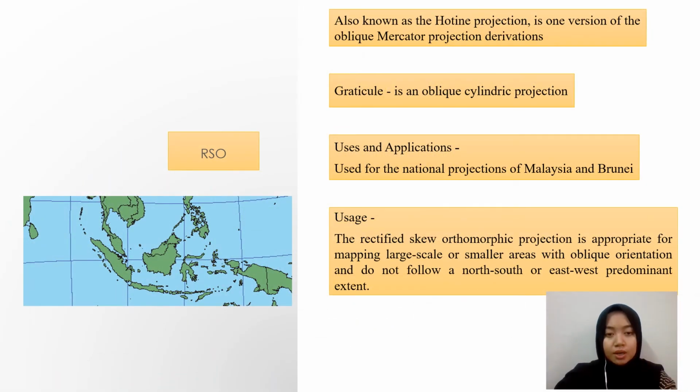Next we go to RSO, which is short for Rectified Skew Orthomorphic projection. It is also known as the Hotine projection, which is the same version as the Oblique Mercator projection derivation. It is an oblique cylindrical projection.